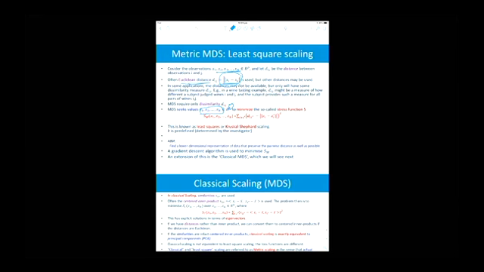If you have n data points, that means you want to find n points in the k dimension that actually represent those higher dimensional points.